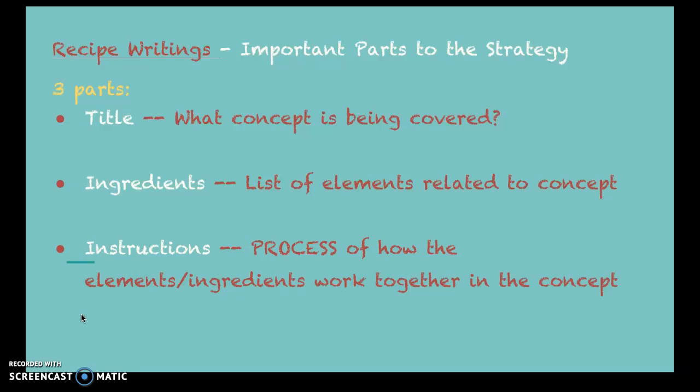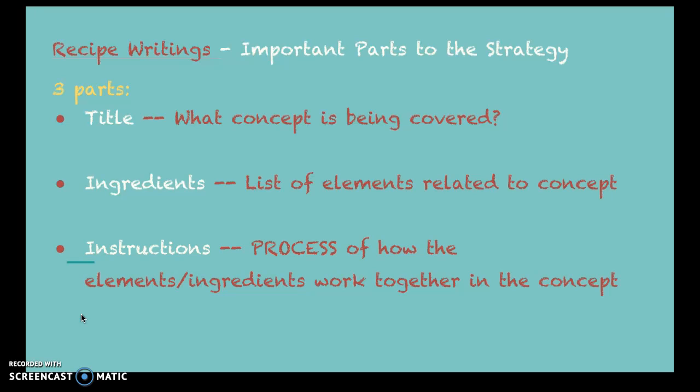The ingredients are the list of elements related to the concept. So if we have a math problem, the ingredients can include maybe variables and equation signs, some of the steps or the thought processes that are involved in finishing this math problem. A calculator could be a step.